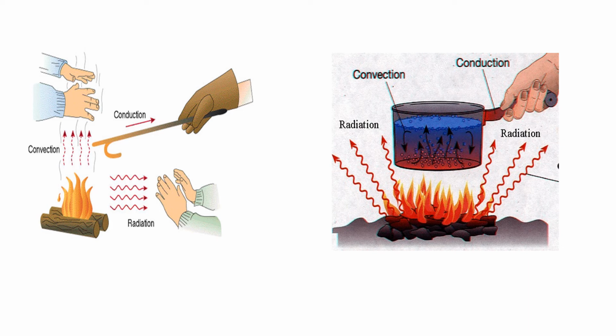And the metal of the vessel gets heated up due to conduction, as it is in touch with the fire. After that, the plastic handle with which you can hold it is a non-conductor. So this is how all three methods of heat transfer take place.